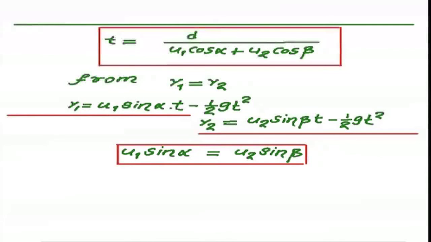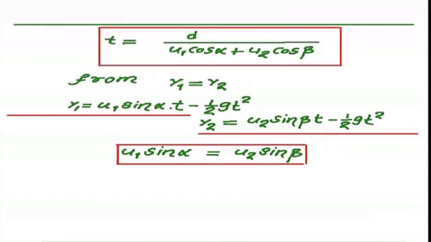and the other condition is that u1 cos alpha plus u2 cos beta into time of flight must be equal to the initial separation d between the two projectiles.